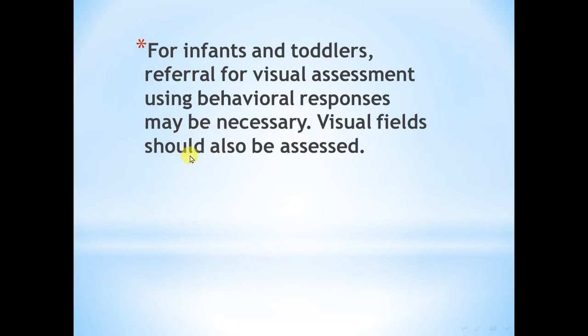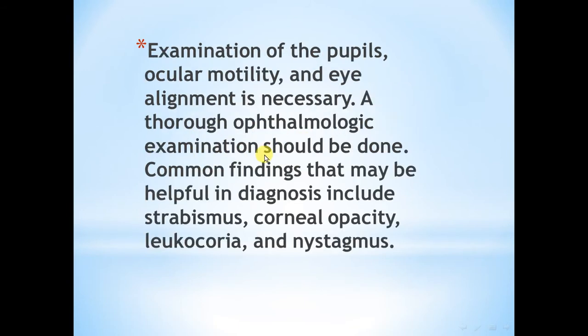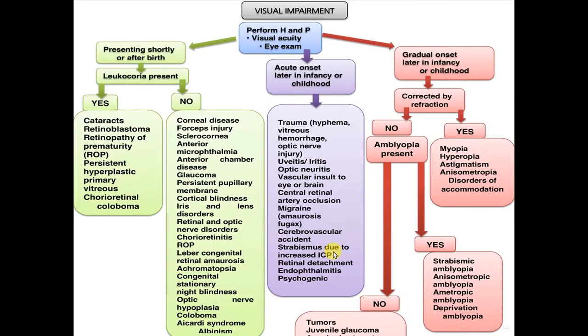Visual fields should also be assessed. Examination of the pupils, ocular motility, and eye alignment is necessary. A thorough ophthalmologic examination should be done. Common findings that may be helpful in diagnosis include strabismus, corneal opacity, leukocoria, and nystagmus.